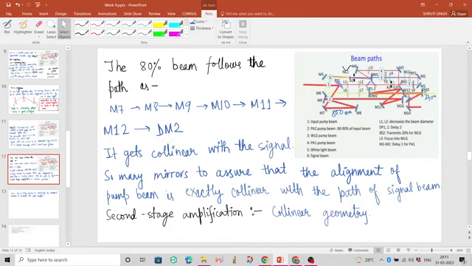it hits DM3. DM3 is again the short pass filter which allows the signal to pass through, but it blocks the pump, and then the pump is reflected and it hits the M13 mirror, then M14, and then we can take out the pump also.